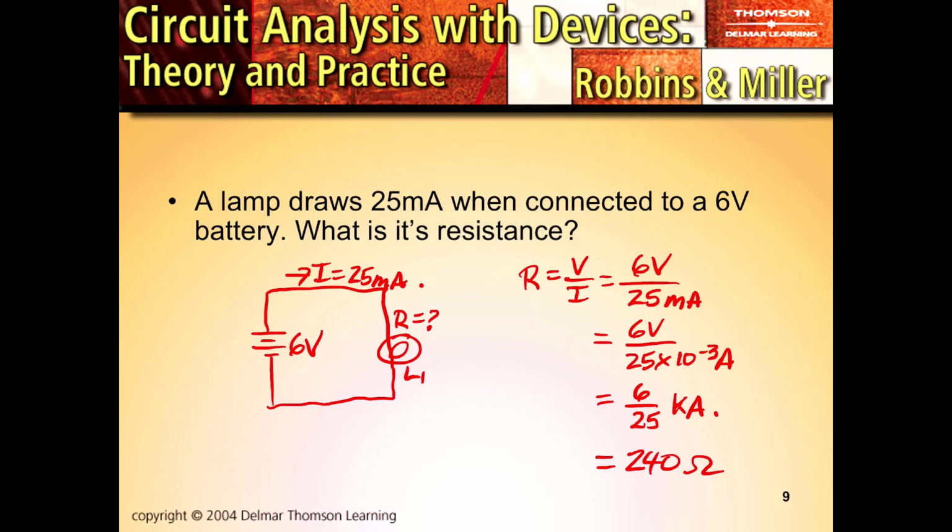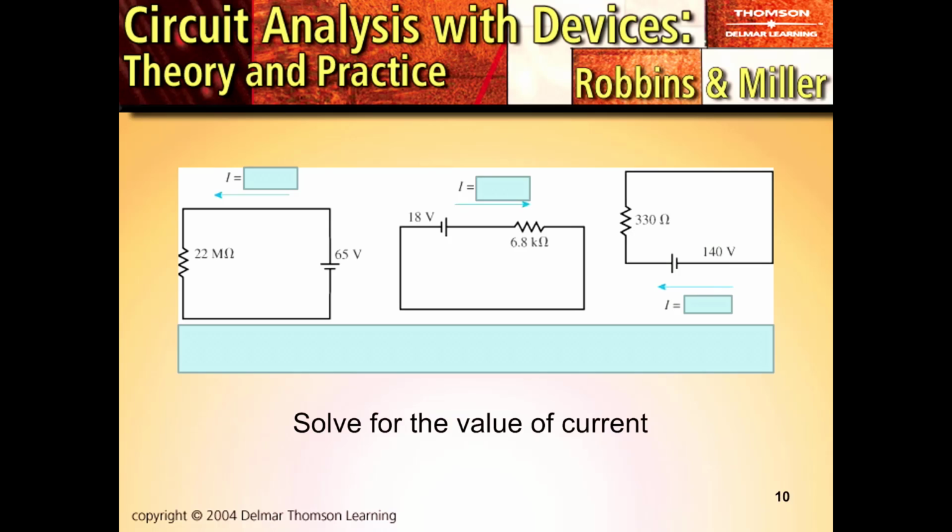Okay. So if we look here, you guys can solve for the values. And notice how these are diagrams which were not drawn with our standards for sources on the left and loads on the right.